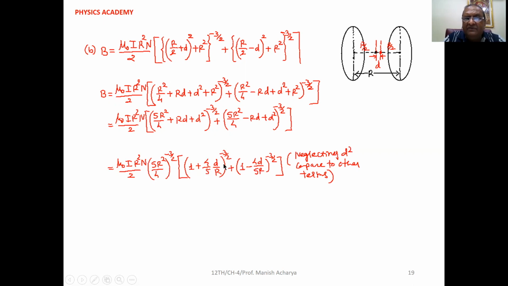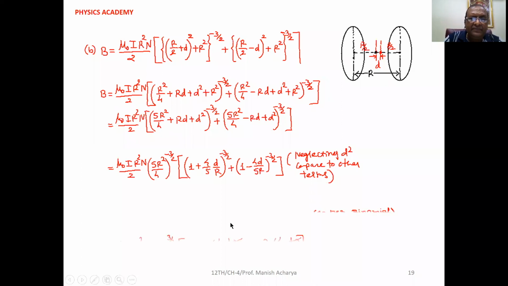Because see, if you multiply this 4d upon 5r by 5r square upon 4, then again you will get rd. And here, in the question itself, it is given to you that in the region very close to the midpoint we have to derive the equation for magnetic field. Means d is very small compared to r, and therefore d square is neglected compared to other terms. Clear to all of you up to this one?